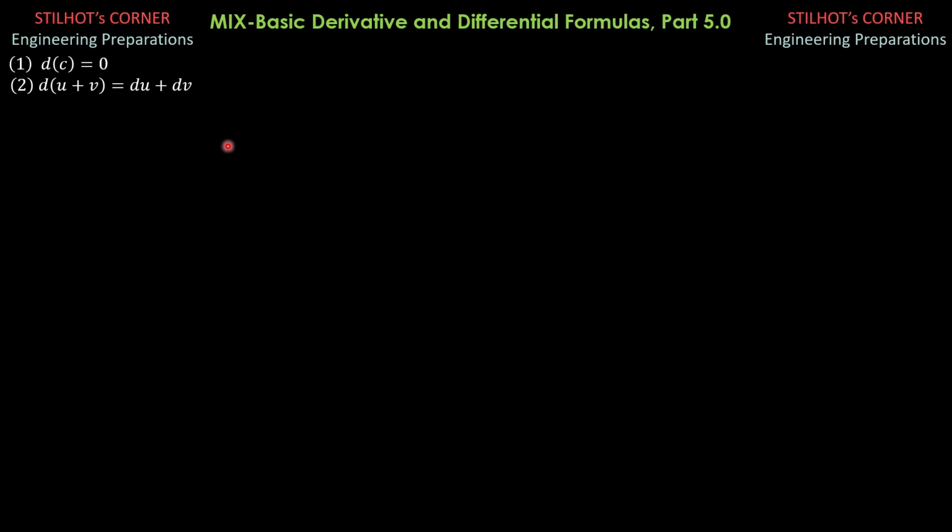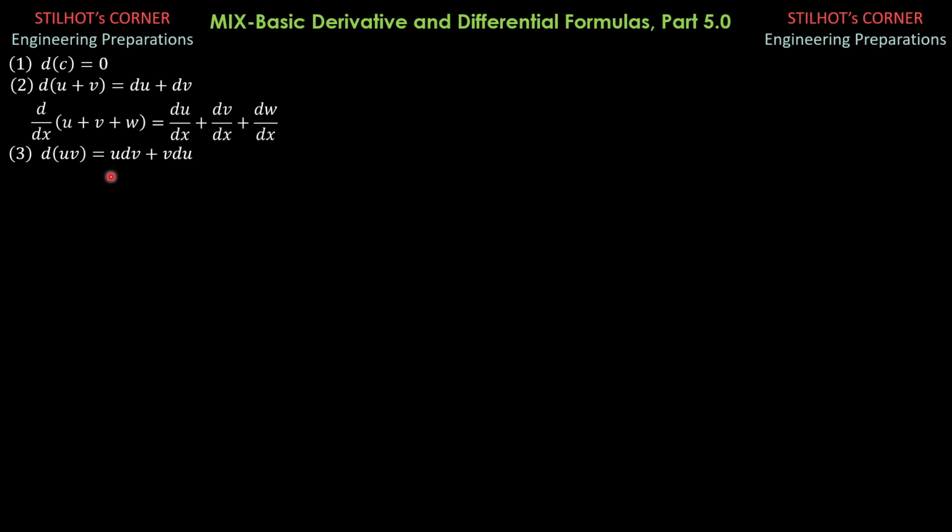Then the derivative of u plus v plus w with respect to x would be the derivative of u with respect to x plus derivative of v with respect to x plus derivative of w with respect to x. Then the differential of the product u and v is equal to u differential of v plus v differential of u.